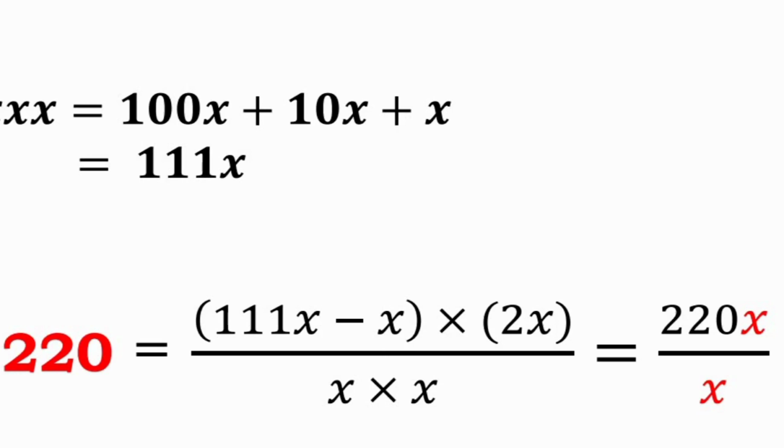Now 111x minus x will give us 110x into 2x, which is equal to 220x into x whole divided by x into x. After cancelling x into x, we get 220. This is the analysis of how we are getting 220 from that representation.